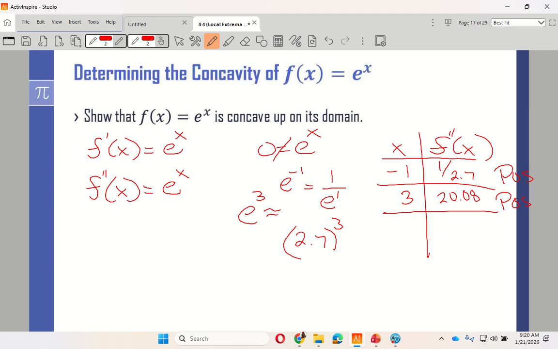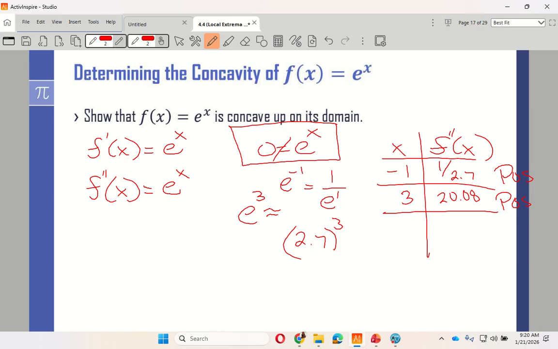There is nowhere that it is equal to 0. So my first derivative is not equal to 0 anywhere. My second derivative is not equal to 0 anywhere. My function is not equal to 0. So if the function is not equal to 0, that means it does not cross the x-axis, right? So everything is in the positive y values.